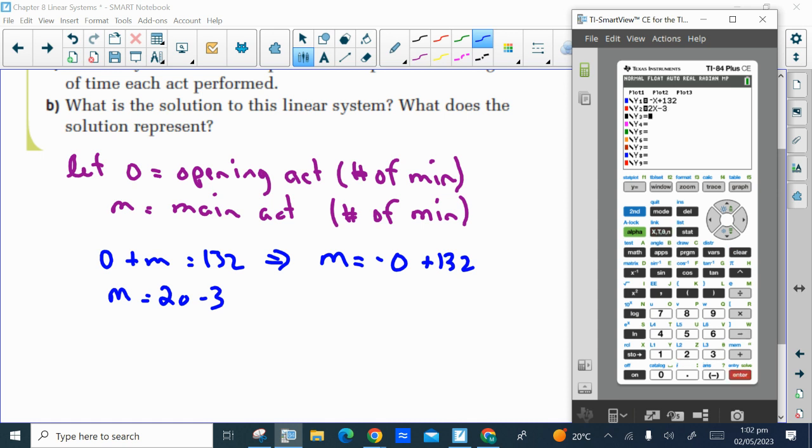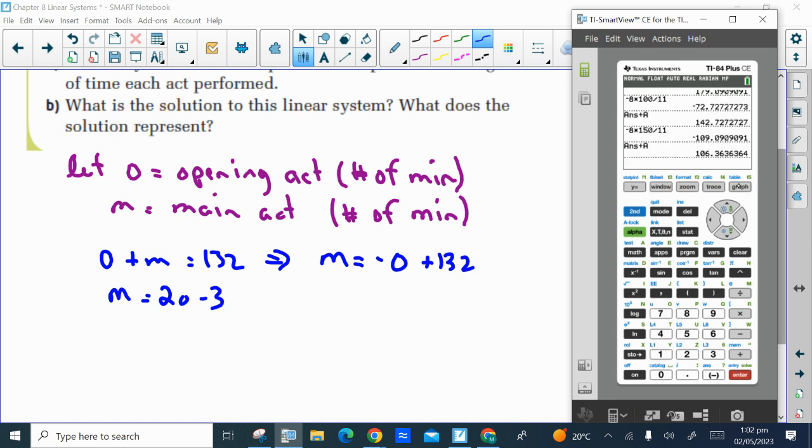If I don't change my windows at all, if I just hit graph, we see both lines. And we can see the point of intersection. So let's find it. Second function trace, number 5 for intersect, enter, enter, enter.